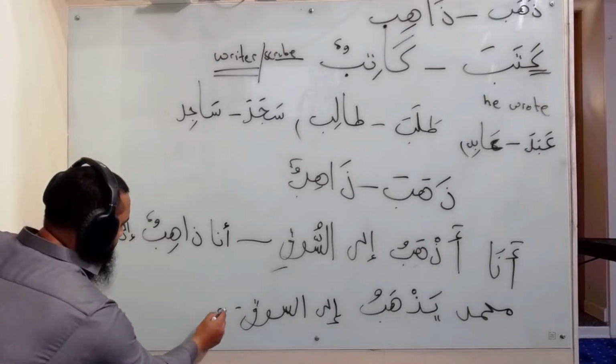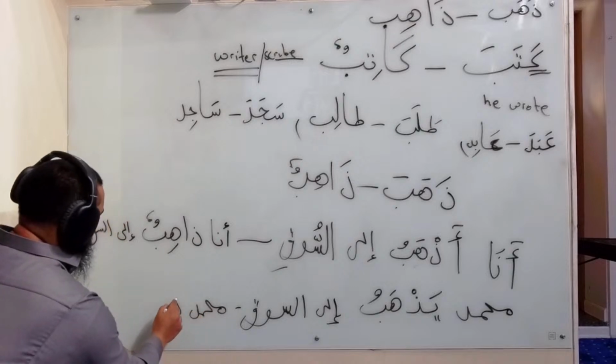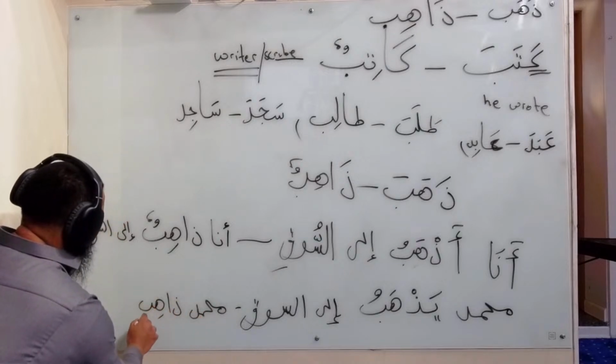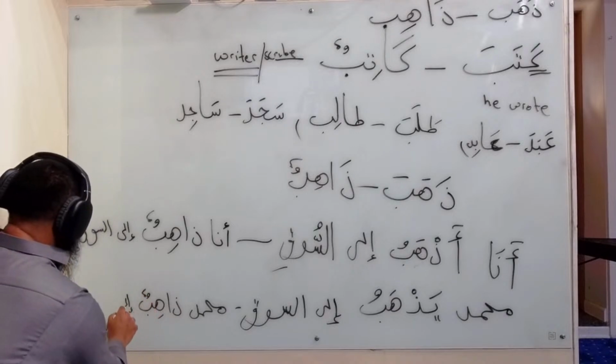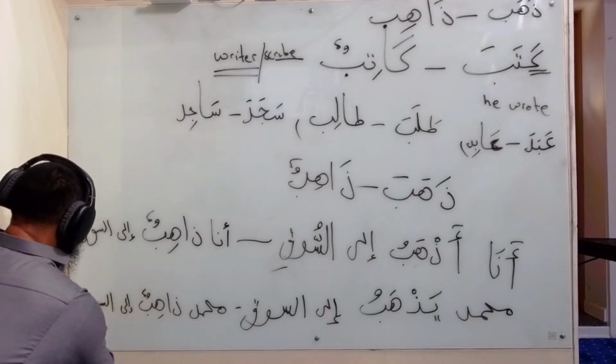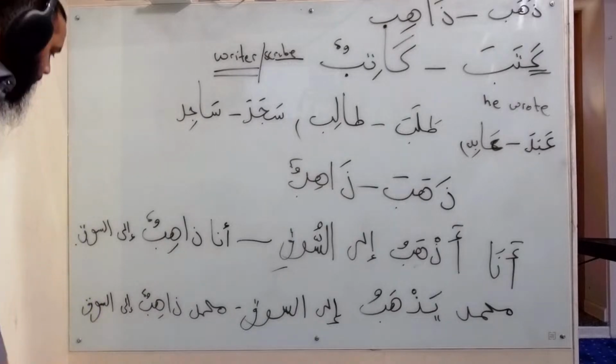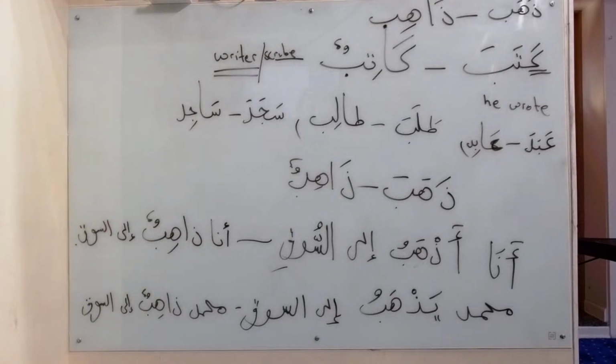And you can say Muhammad dhahib ila al-suq. So Ana dhahib ila al-suq, what's the meaning? I'm going to the market. Literally, I'm a goer to the market. Right? Muhammad is a goer to the market. Muhammad is going to the market. Clear?